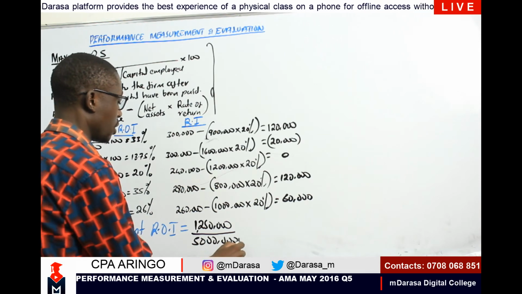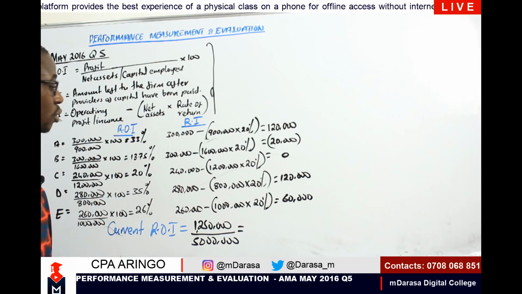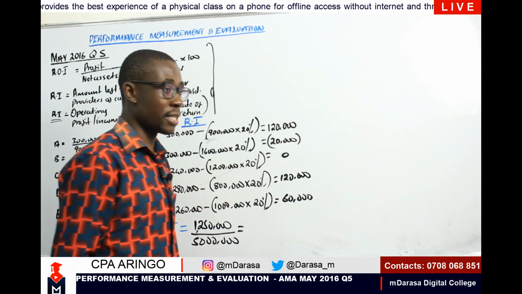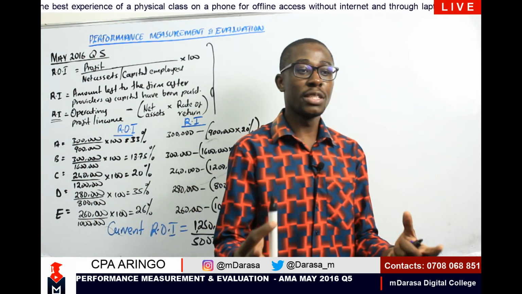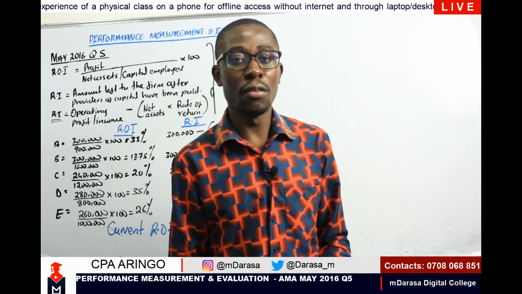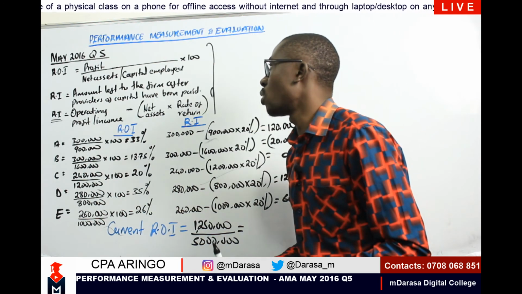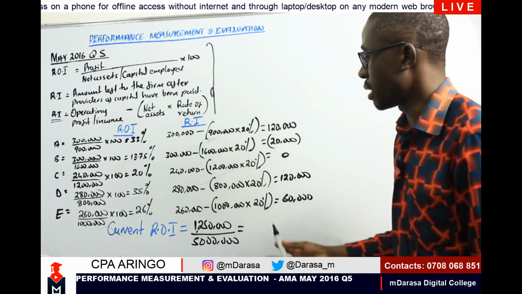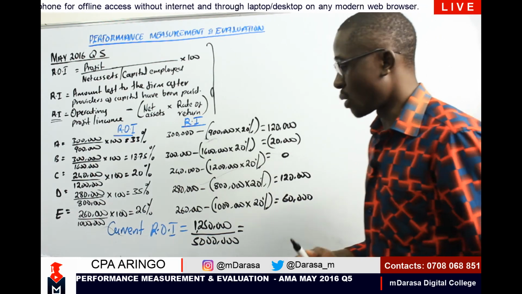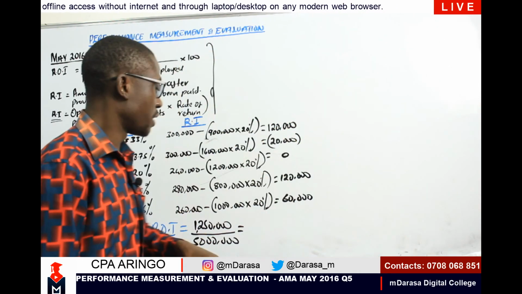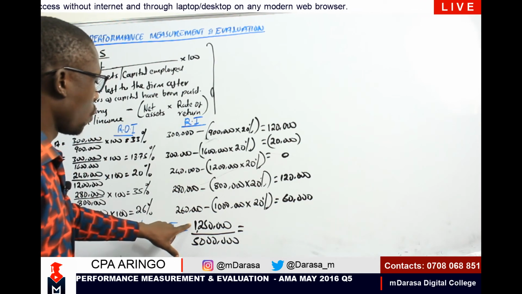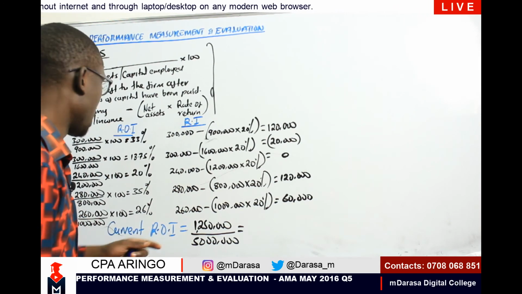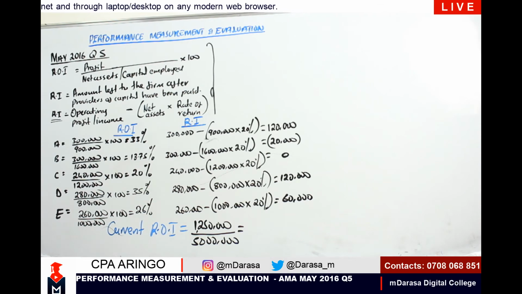You can clearly see that in note number 1. So even before we invested in these projects, what was the return on investment of this firm? We take the profit of 1,250,000 and divide by the capital of 5 million, just as per what the examiner told us in that question.